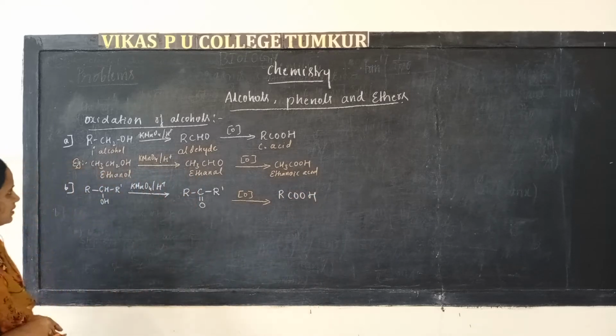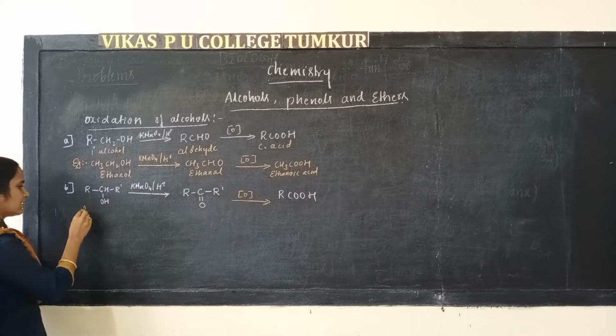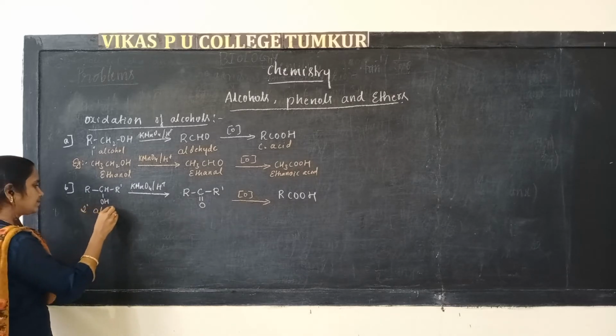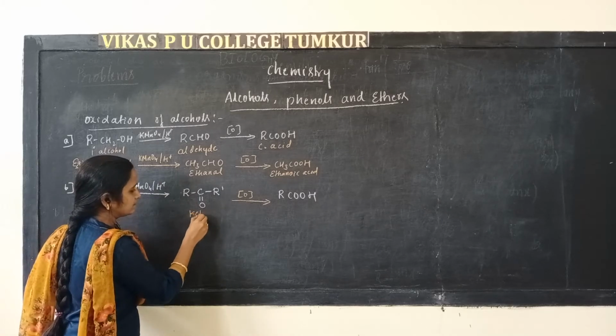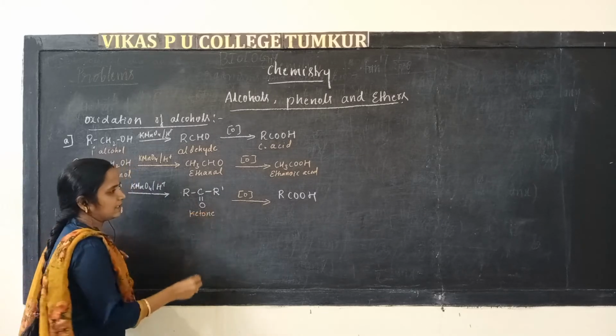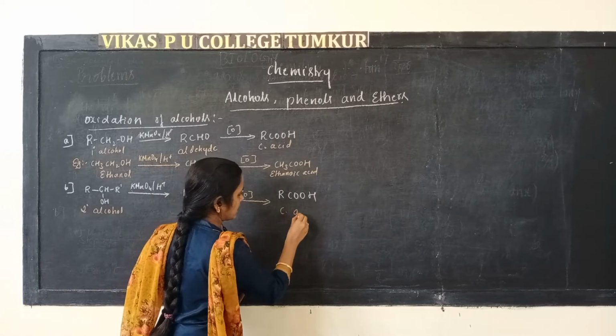That is the difference: this is a secondary alcohol, this is the ketone, and this is the carboxylic acid.